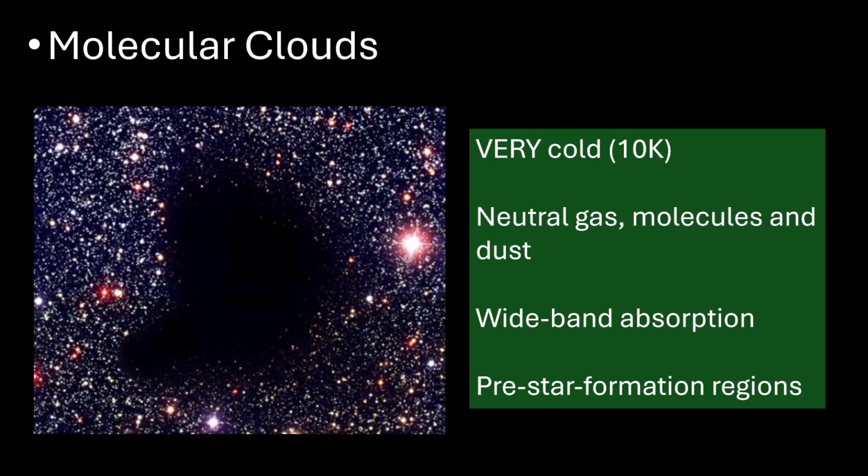They're very cold, and they have all neutral gas, molecules, dust, and the absorption in here is very wideband. It's blocking nearly all light in most wavelengths, even outside the visible. They do tend to glow a little bit in infrared or maybe radio. You can see them a little bit better, but they tend to have pretty wide band absorption. There's a lot of dust and just stuff kind of blocking there.